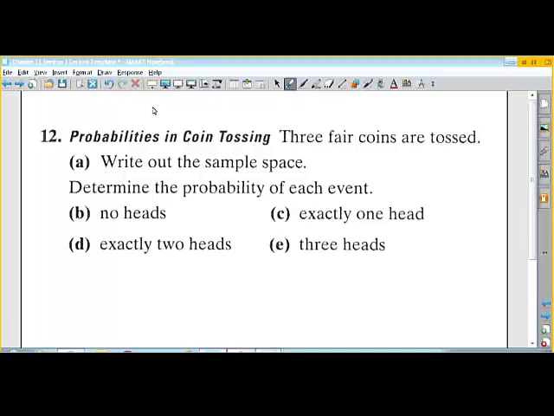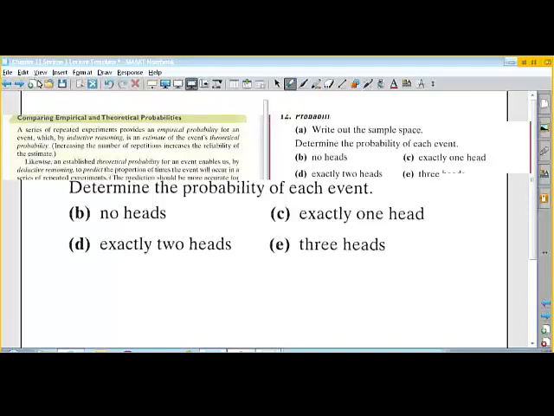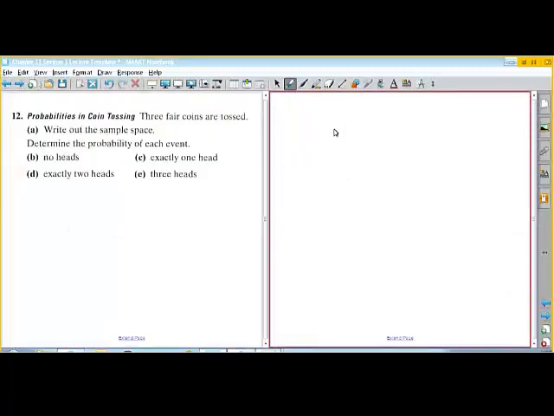One way of writing out the sample space here would be to write all the possibilities of heads and tails. But we've just recently come up with a way of figuring out what the sample space is, so I'm going to do it the way that's a little more compact as far as the calculation.